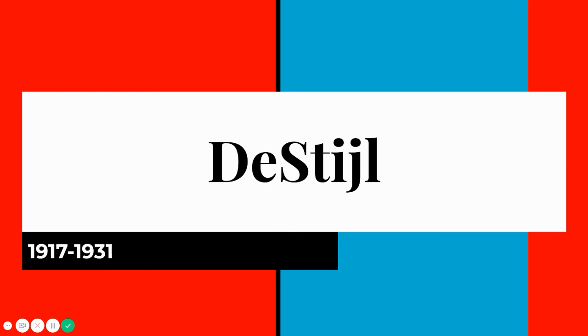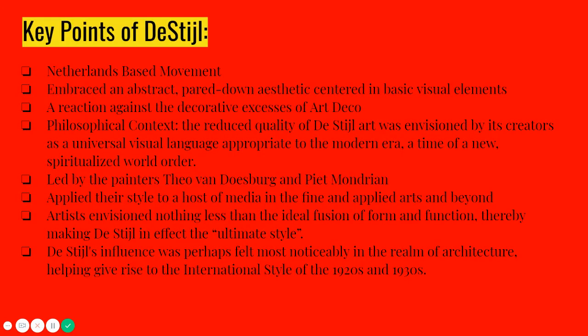So moving forward, we're going to talk about the De Stijl movement, which you can put in the time period of 1917 to about 1931. When we talk about some of the main points of this movement, the first thing is it is a Netherlands-based movement. So some of the grandfathers of this movement were based out of the Netherlands.